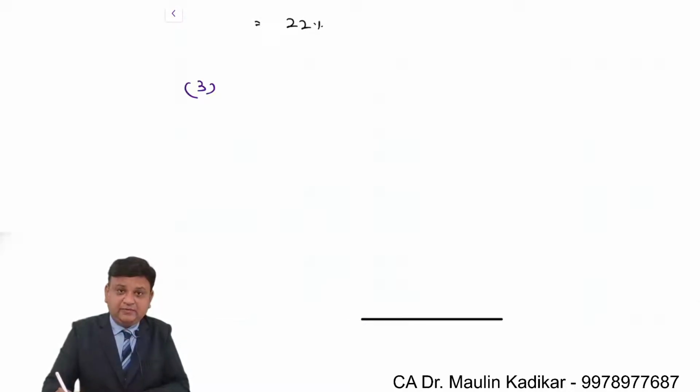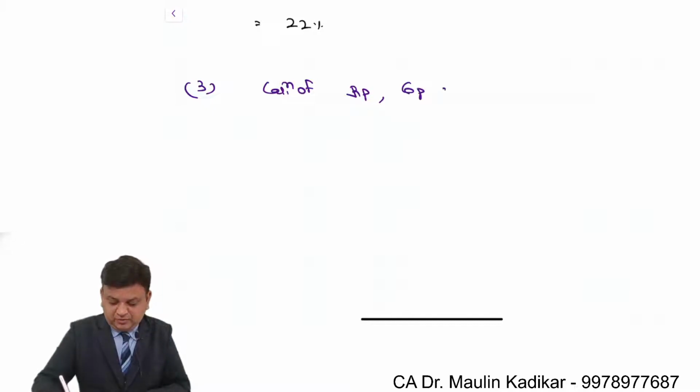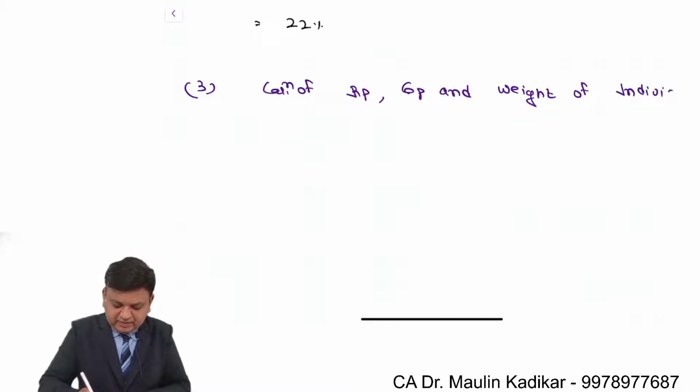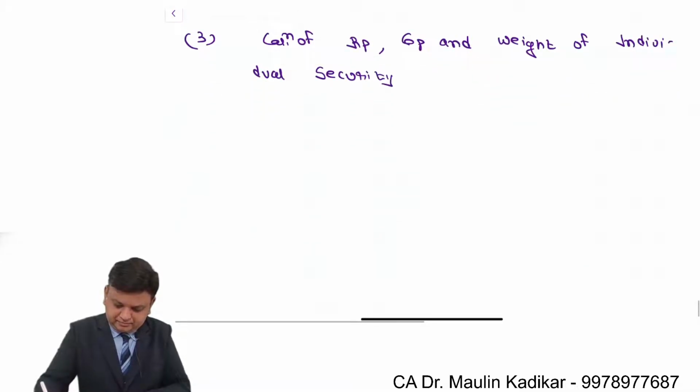Answer for the third part of the question: calculation of return of portfolio, standard deviation of portfolio, and weight of individual security. That is the way we are required to compute the answer of the question.